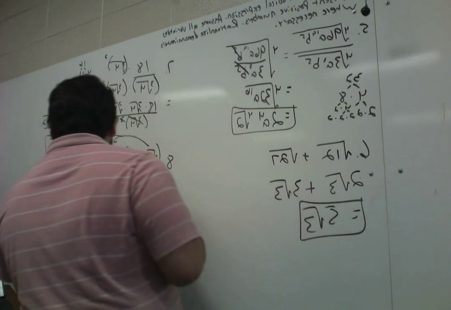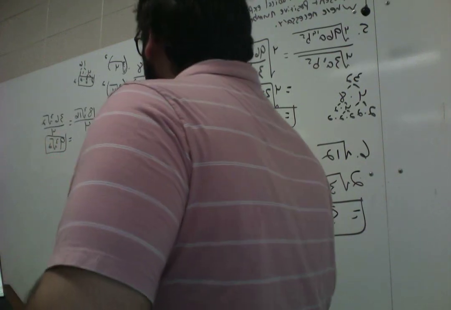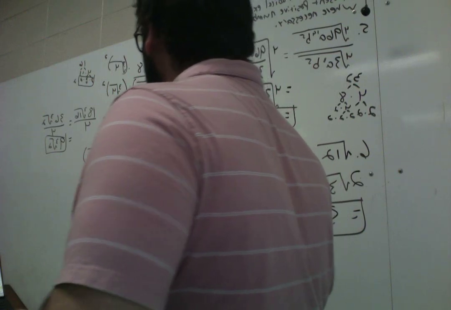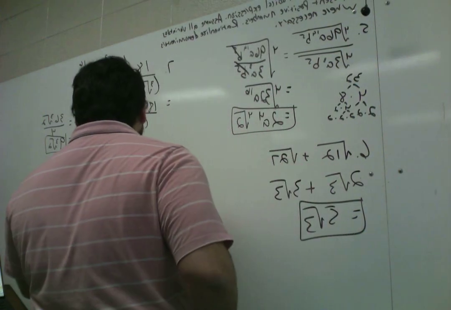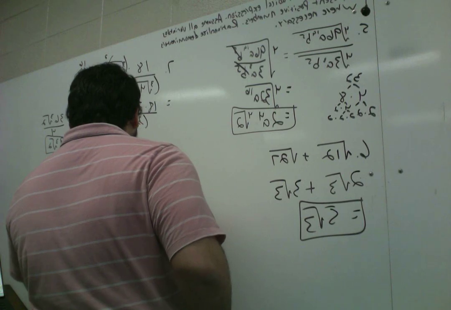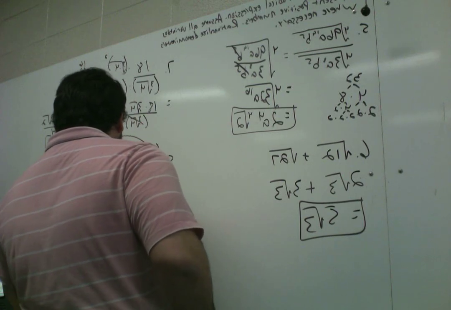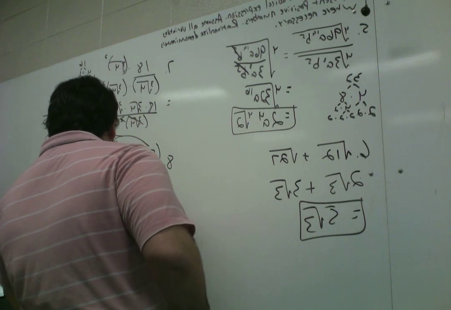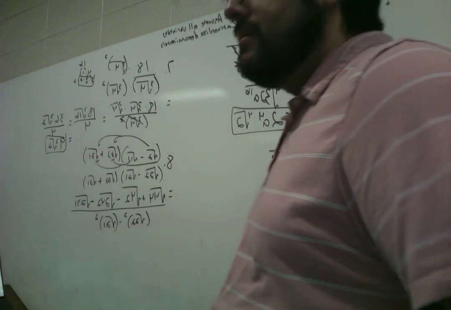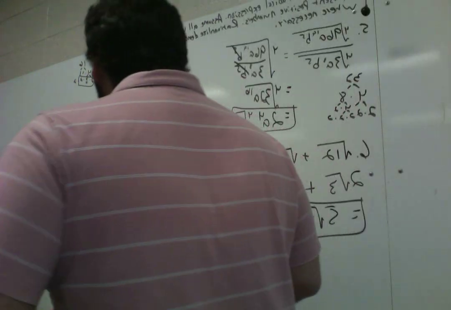And then my denominator, the square root of 22 squared minus the square root of 21 squared. Now working with each of these square roots.